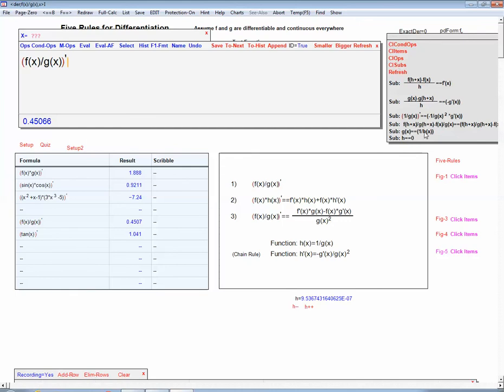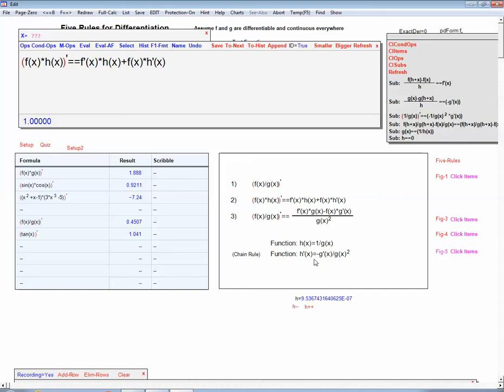Yeah, here it is. g of x is 1 over h of x. I make that substitution. Now I can apply my product rule. So this is, and I'll do it all at once, this is f prime of x times h of x plus f of x times h prime of x. And I've got my 1 there, so I've done things correctly.